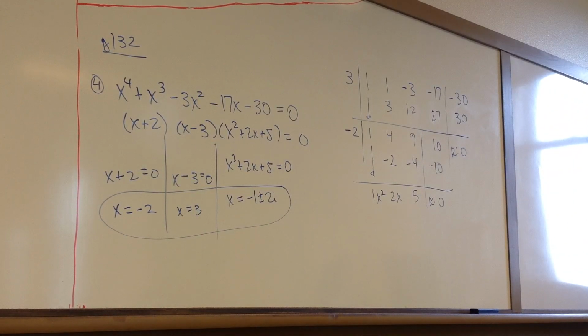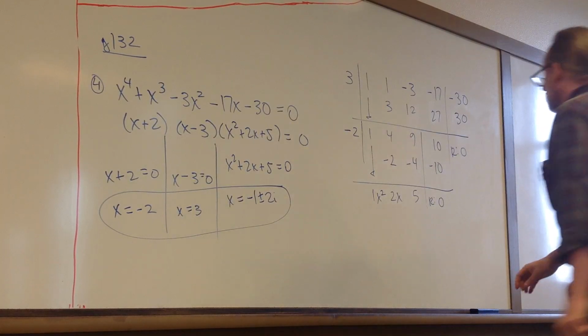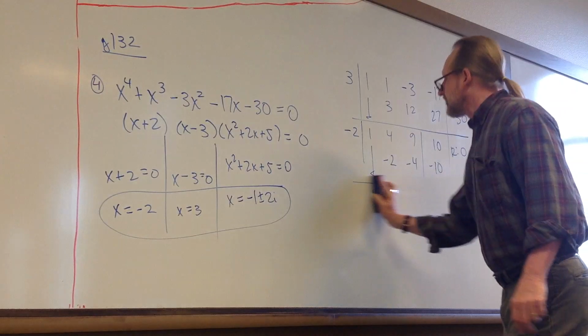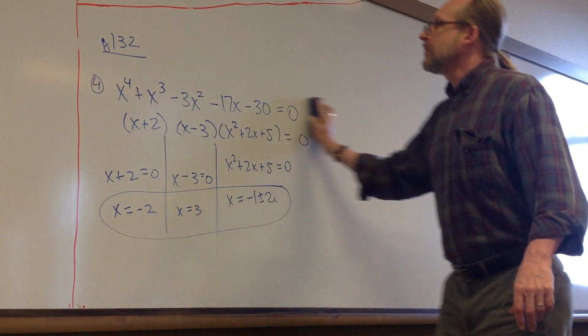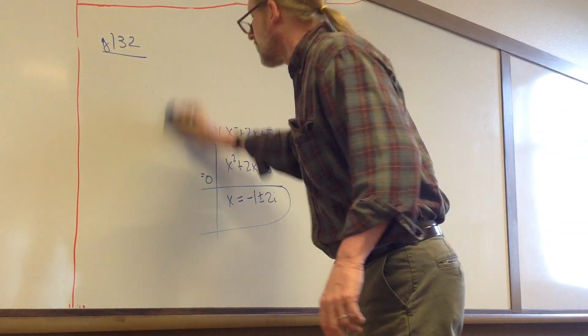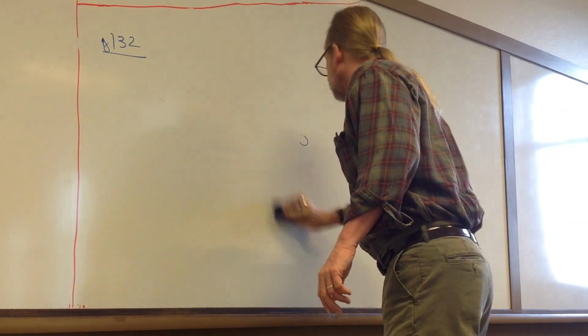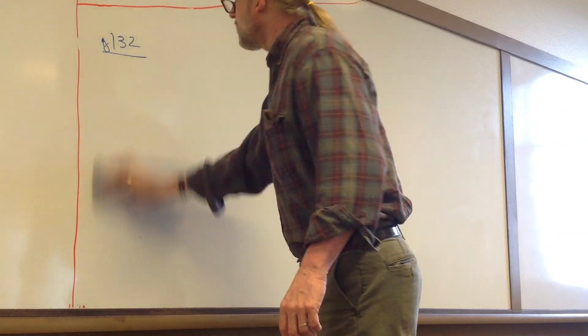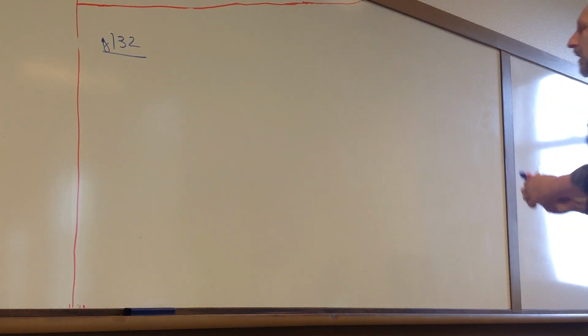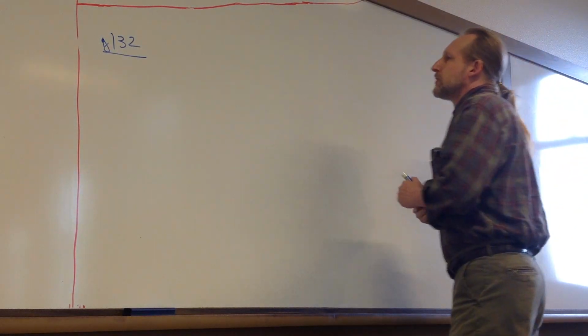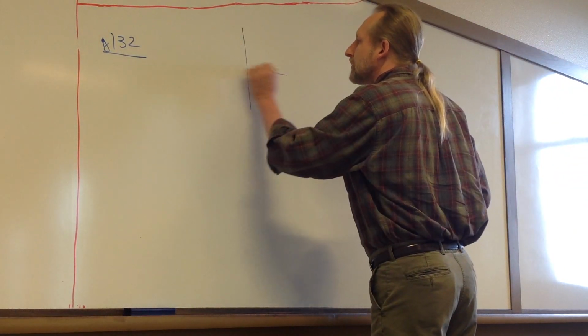Let's take a look at problem 8. So problem 8 is where we run into this idea of repeated roots. So before we start that, let me just talk a little bit about it. And we saw this when we were talking about quadratic equations. I used these examples.